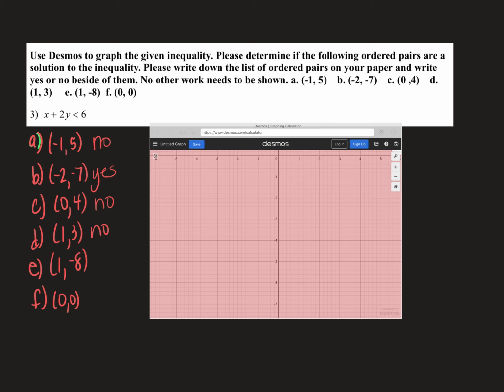I don't think I could get it to go all the way down to where you could see that. And so 1, -8 is a solution, sorry. It is in the shaded region. And then 0, 0, you can see there on the screen, it is in the shaded region, so yes, it is a solution.